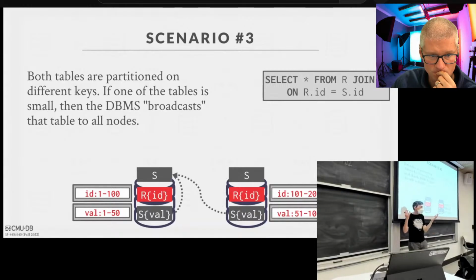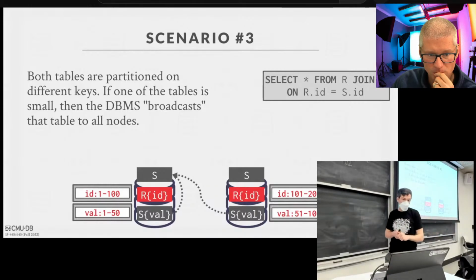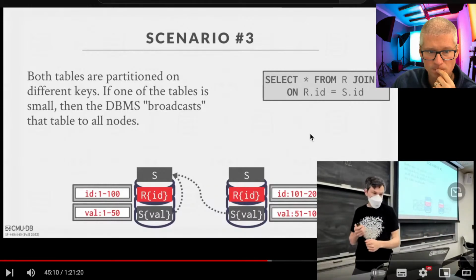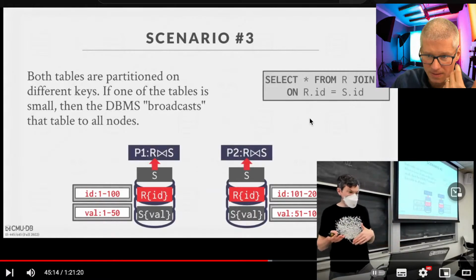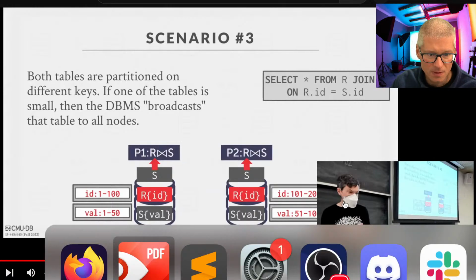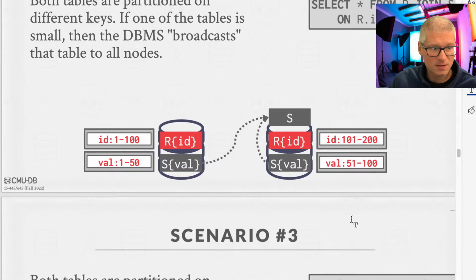And now I'm back where I was at the beginning, where S was replicated on every single node. All right? And I do my local join. Every node produces this. Just again, to clarify, maybe pulling up the slide.